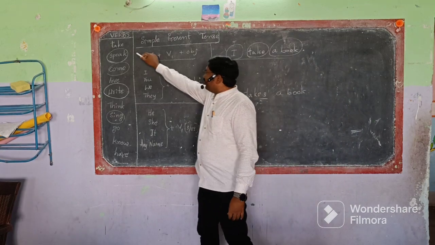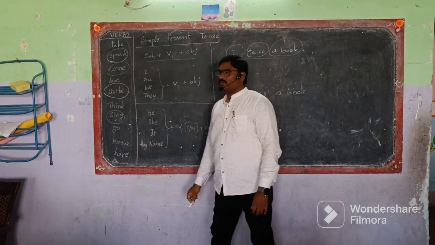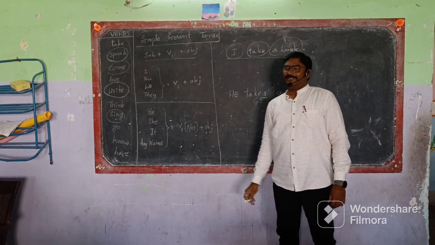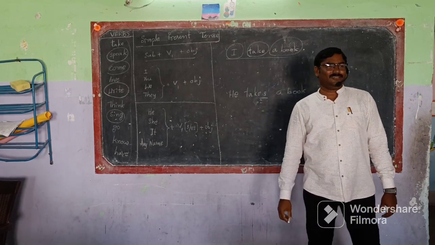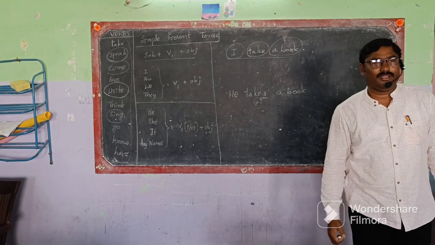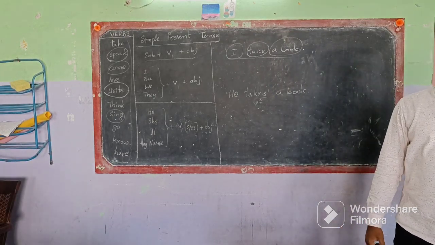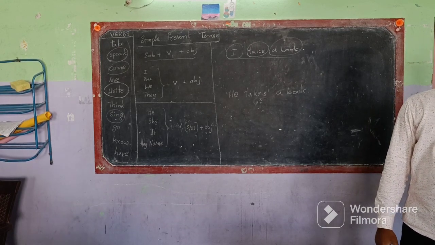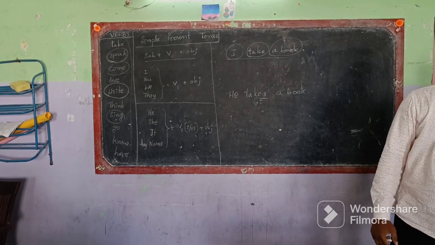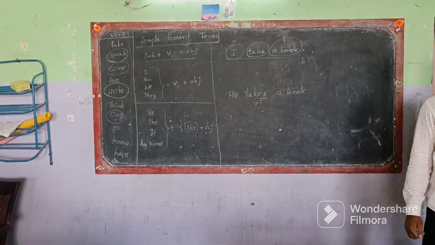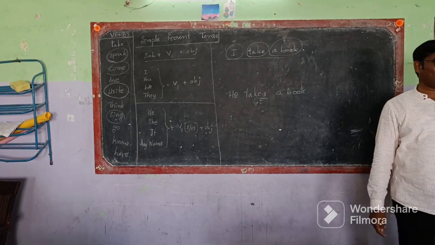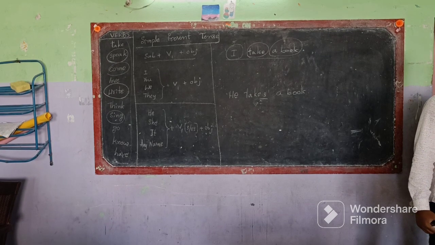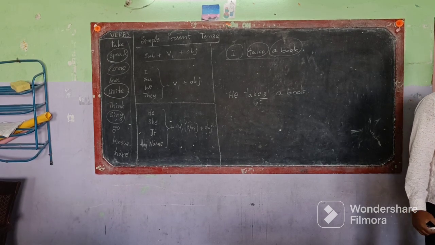You can use any one of the verbs, and you can also change the pronouns. I go to market. Correct sentence. Okay, good. I have a long notebook. Next, I know about her childhood.